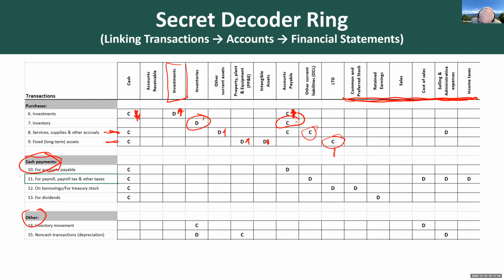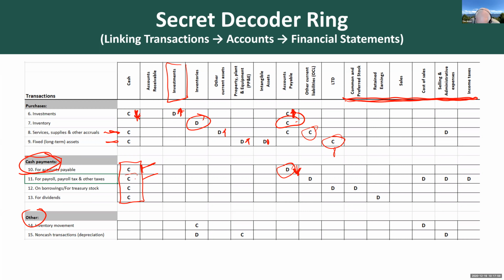Cash payments. All cash payments are going to reduce the cash. If I'm paying off my accounts payable, cash goes down. In this case, we got a debit over here in accounts payable, so that's going to drive it down. We've got payments for payroll taxes, payroll, other things, all of that.